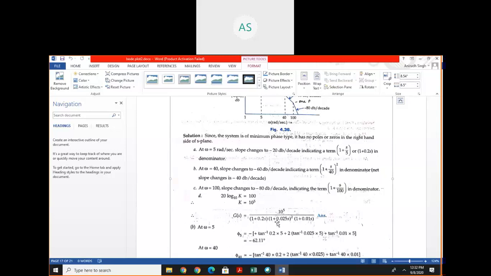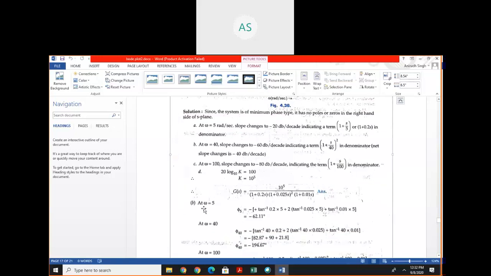Then we calculate the phase at each corner frequency. When omega is 5, substitute the value, take tan inverse of the imaginary part divided by the real part, where the value of s is j5, the value of omega is 5.